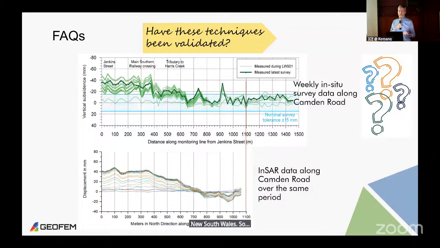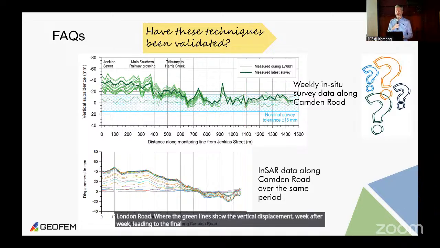So we were able to compare the weekly in situ survey data shown in the upper graph along Camden Road, where the green lines show the vertical displacement week after week, leading to the final bold line shown there along the road.